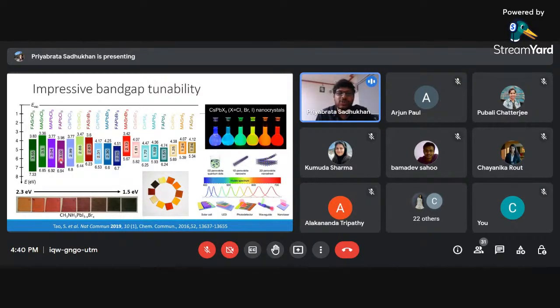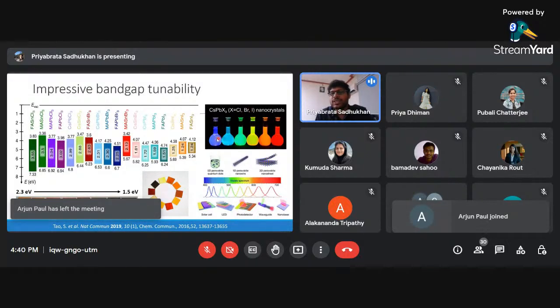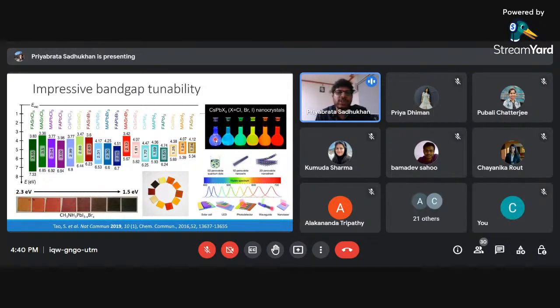And for blue, we can choose something like CsPbCl3, around 2.33 electron volt. In this figure, you can see the beautiful colors from cesium-based perovskite materials with different halogens. You can see chlorine, bromine, and iodine, and we can see all the colors, from blue to red. Now, these are not LEDs, these are fluorescent dyes. That means if we illuminate them with UV light, they will emit their characteristic light.